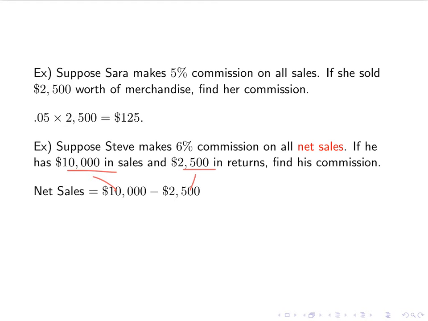I have a lot of people who will find the commission on the total sales and then subtract the returns from their commission. But you subtract the returns from the sales to find the net sales, and then you find commission on that. So the net sales are $7,500, and the commission is 6% of $7,500. So 0.06 times 7,500 gives us $450.